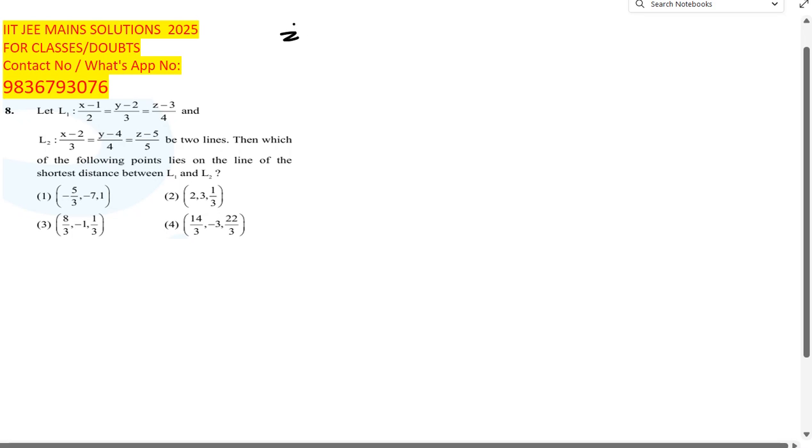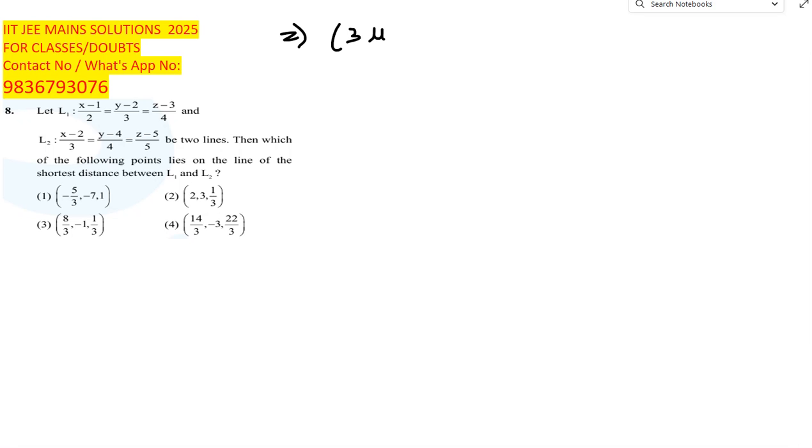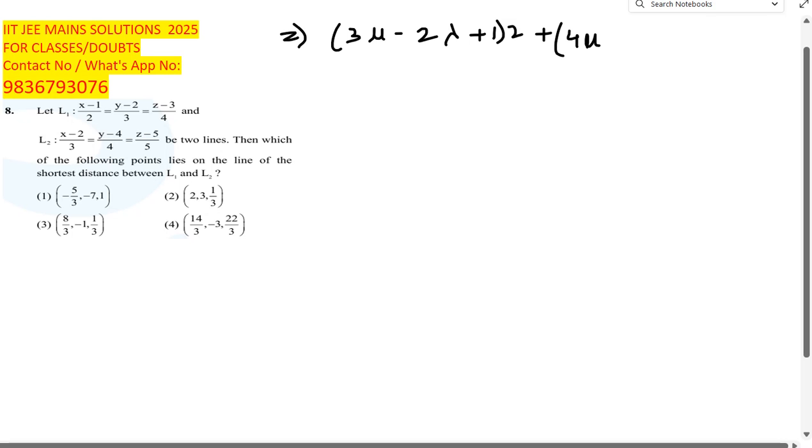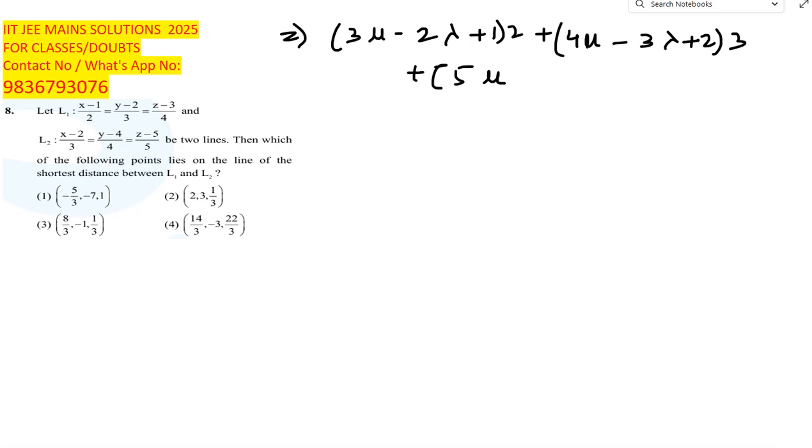Minus plus 4 is equals to 0. Correct. So 38 minus 29.